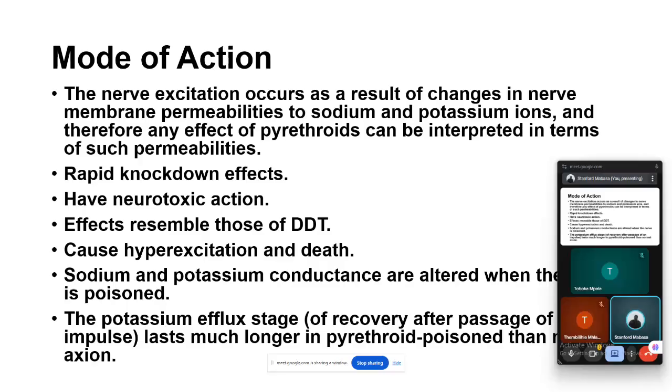So it is the movement of the potassium and the sodium which affect the movement of the signals, and of course it can create something which is abnormal and cause the pest to die through excitation or hyperexcitation.